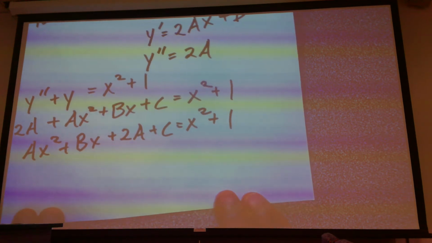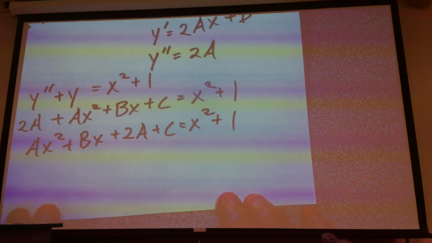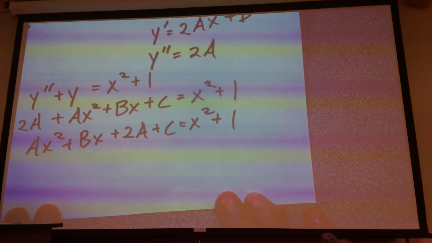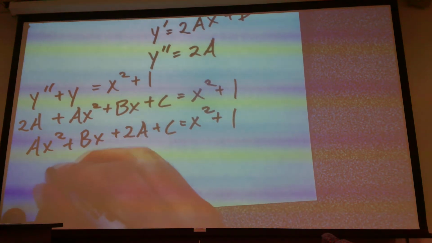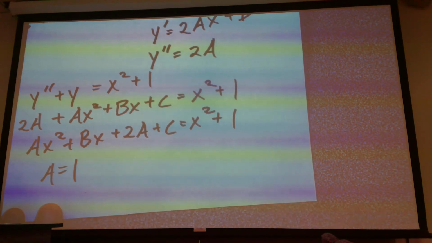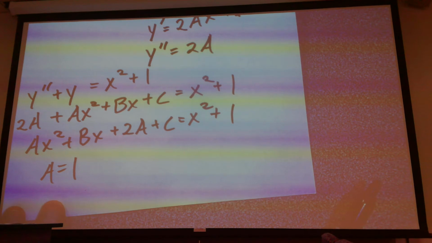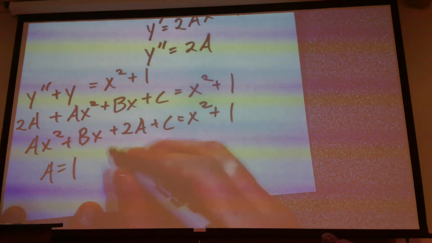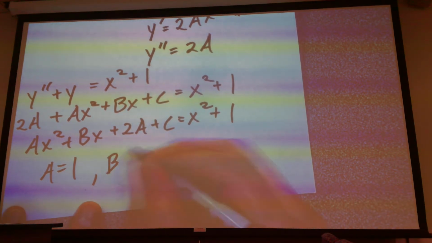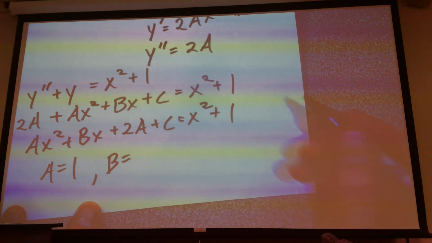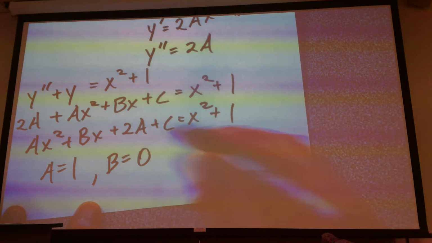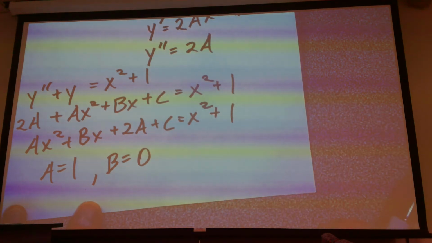Okay. Now, this is going to lead to 3 equations. The first equation is just coming from the quadratic term: a equals 1. Now, there is no x term on the right-hand side, so that leads us to another equation: b equals 0, because there is no x to match.